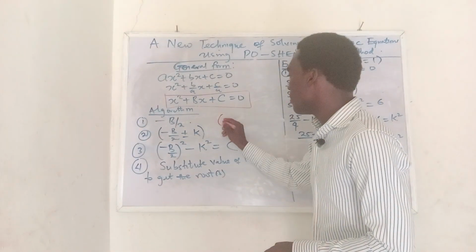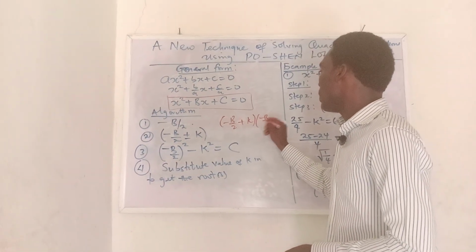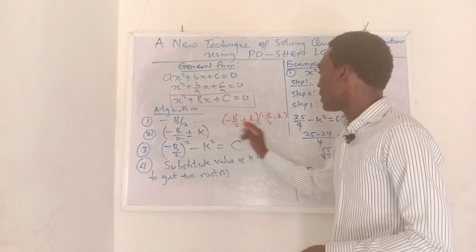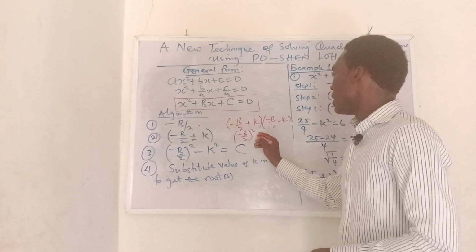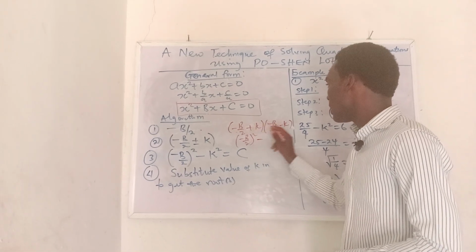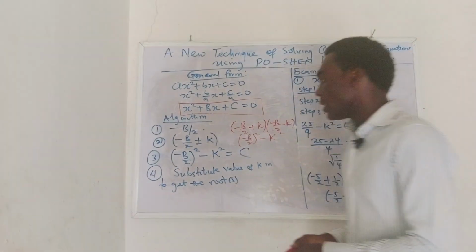That is, minus b over 2 plus k times minus b over 2 minus k, which gives us minus b over 2 all squared, then minus k squared. And that is how step 3 was obtained.